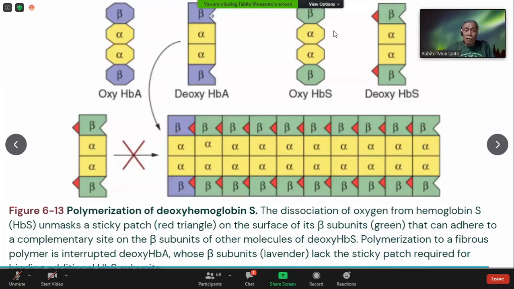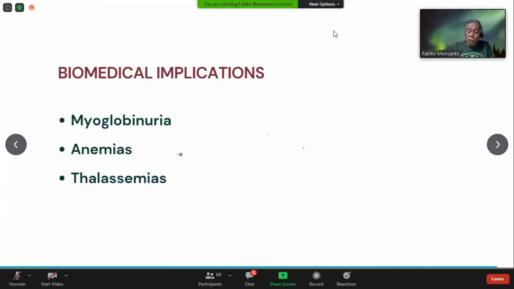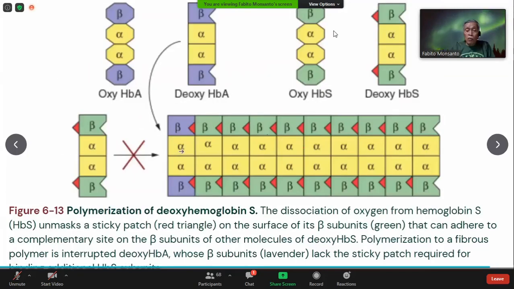So a normal hemoglobin A and a deoxyhemoglobin S can patch here because that is a sticky patch and this is the complement.